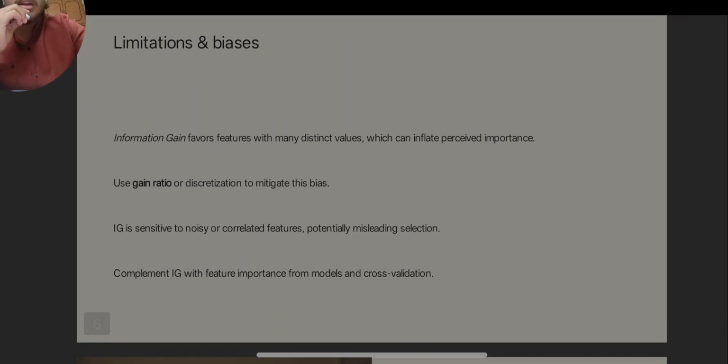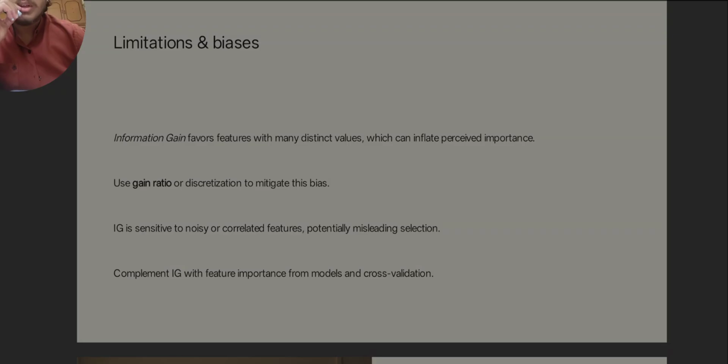Limitations and biases. While information gain is a powerful method in machine learning, it has several important limitations and biases that can affect model performance. First, bias towards features with many values. Information gain tends to favor features with many unique values, for example ID and timestamps.